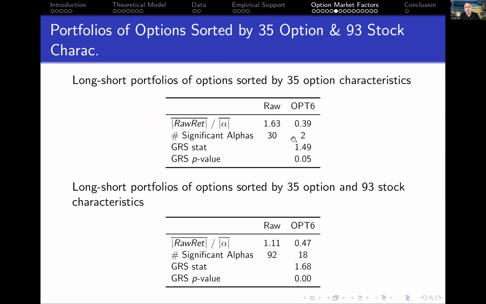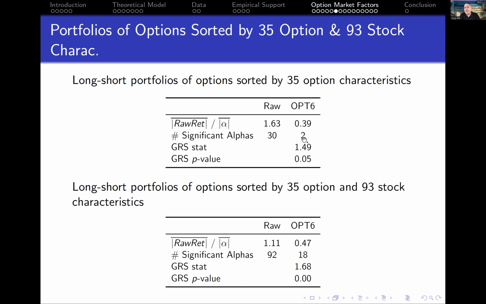So let me give you the summary of these results. First of all, the average return on these 35 test assets constructed using 35 option characteristics is approximately 1.6% per month, okay? And we reduce this return spread to 39 basis points per month, right? So we explain approximately 1.24% of the total, the average across these 35 portfolios of 1.63.